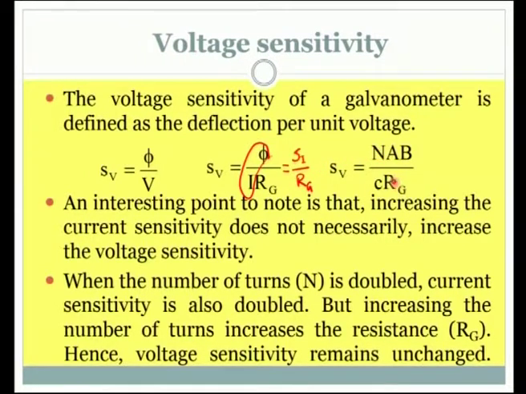The Rg is also likely to increase, because that will add up to the resistance of the galvanometer itself. So, just by increasing the number of turns, we may not be able to increase the voltage sensitivity, it will remain the same. Maybe the current sensitivity will increase, because there the Rg term does not appear, but voltage sensitivity remains the same even when we change the number of turns.